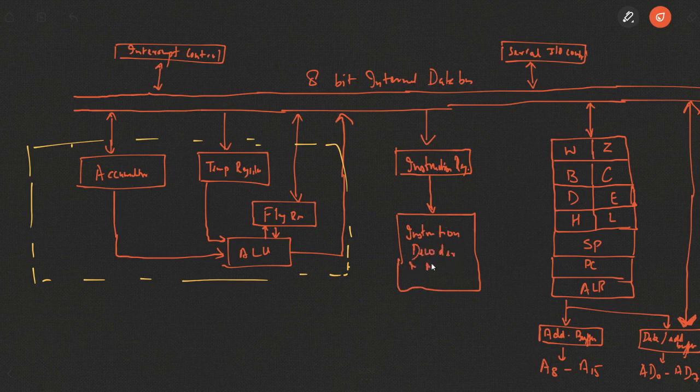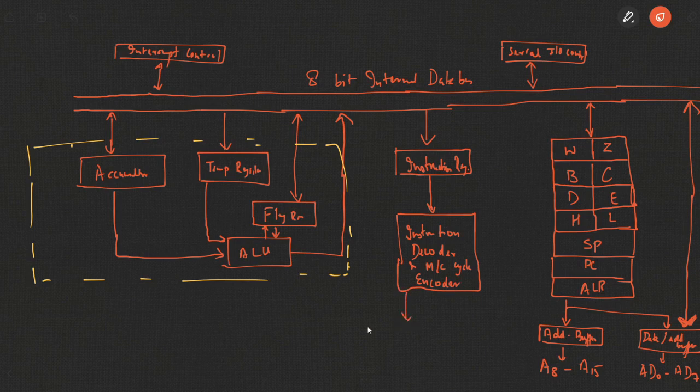Fine. And machine cycle encoder. So once the instruction is decoded, we can also decide what will be the next machine cycle of the microprocessor.